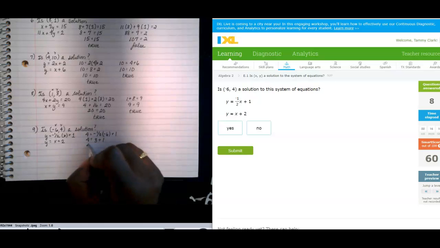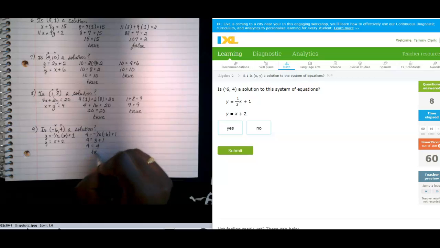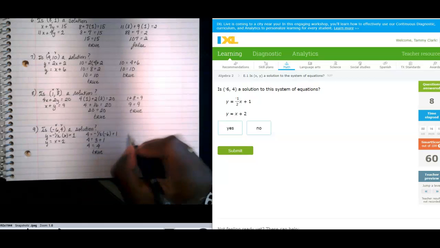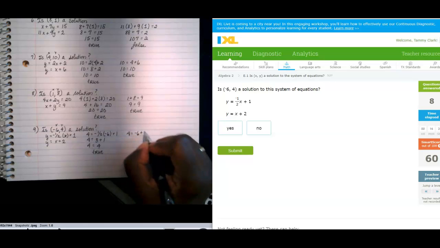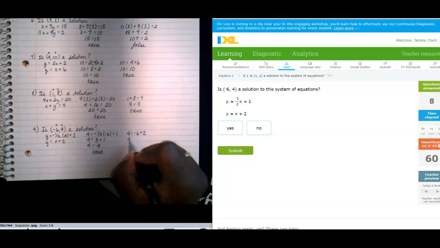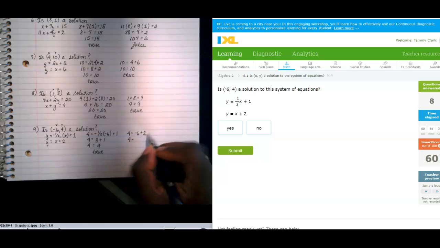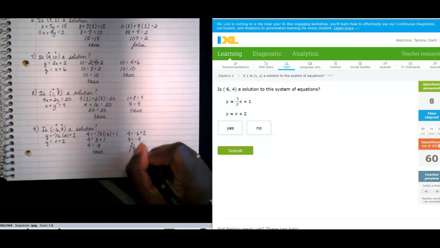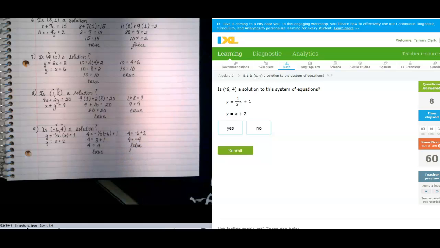Plus 1. 4 is equal to 3 plus 1, which is 4, so that's true. Then we've got 4 is equal to -6 plus 2. Well, -6 plus 2 is -4. So that is false. So (-6, 4) is not a solution.